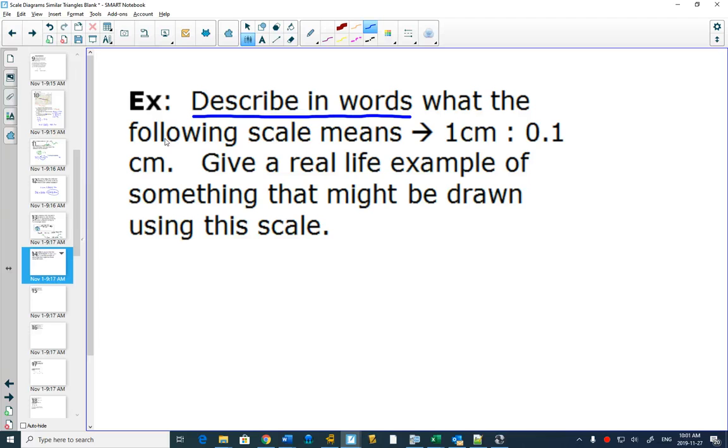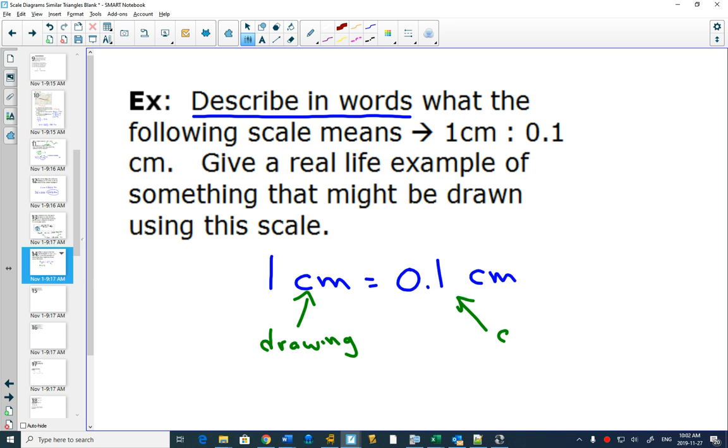So first of all, in a scale diagram, we have to know which one's the drawing and which one's the actual reality. If we have 1 centimeter equals 0.1 centimeters, you have to remember this listed first is always your drawing, and this is what it is in actual life.